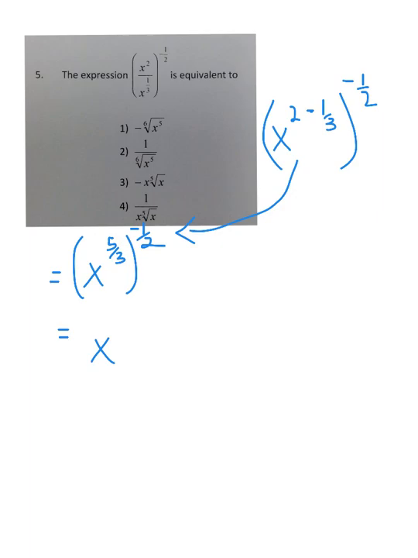And again, you can do that in the calculator. 5/3 times negative 1/2. And you will get negative 5/6. Now remember, technically, when we're multiplying fractions, we multiply the two numerators together, so 5 times negative 1, which gives me this negative 5. And then we multiply the two denominators together, 3 times 2, and that's how I got 6.